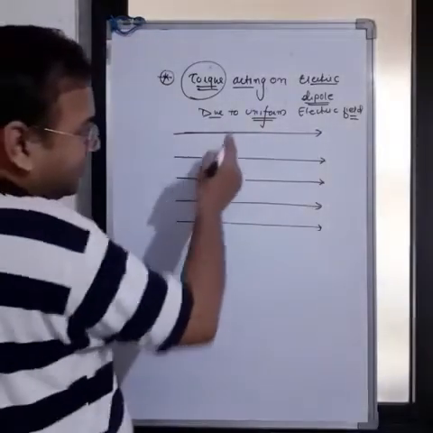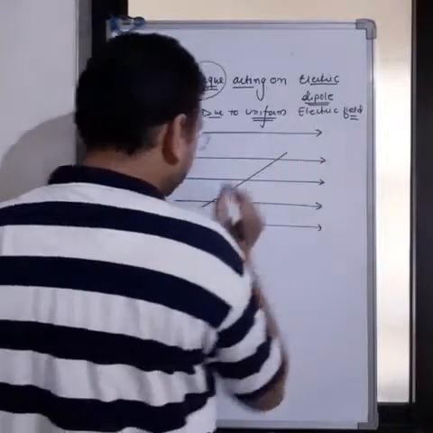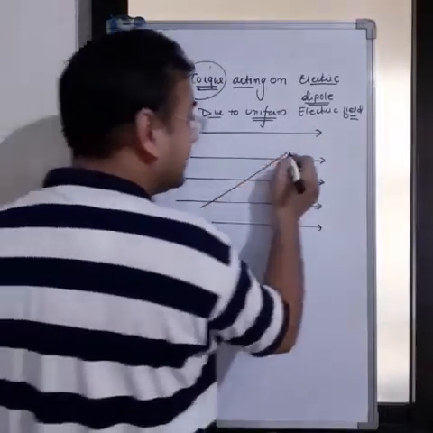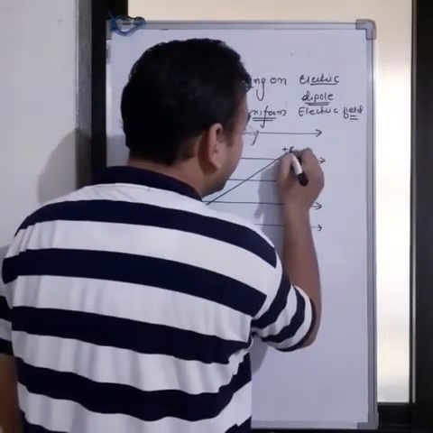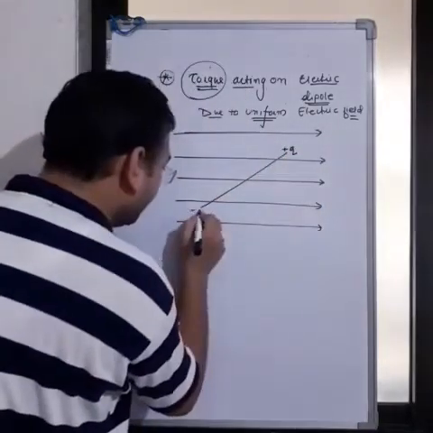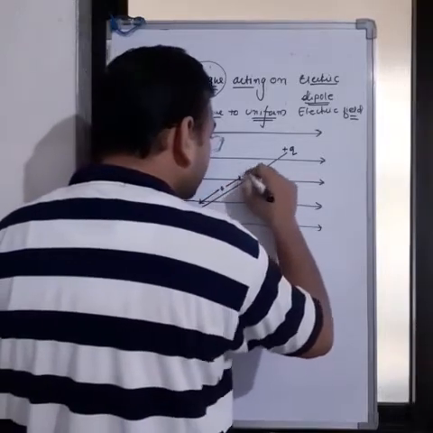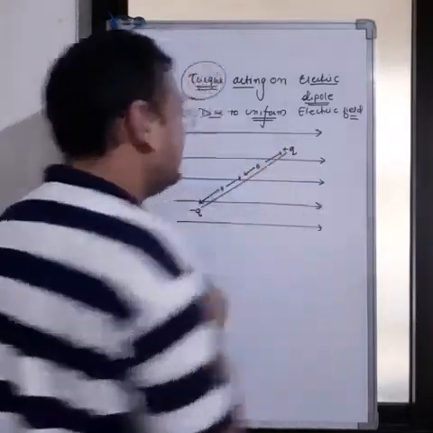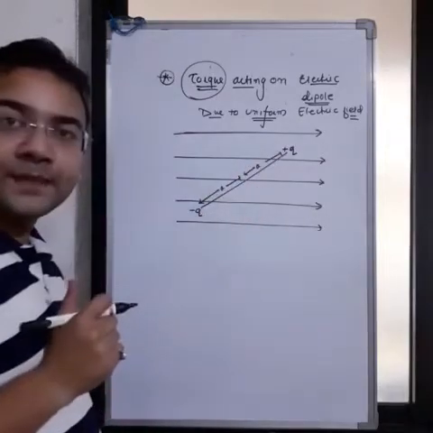Suppose in this uniform electric field we put the dipole like this. Here we have a positive charge, here we have a negative charge. The distance from the center to each charge is a, so the total distance is 2a.